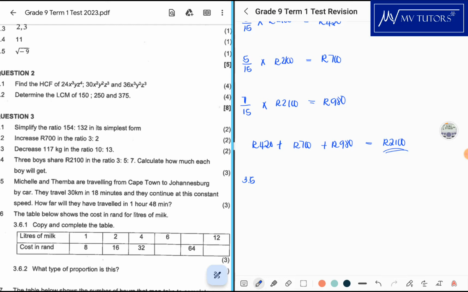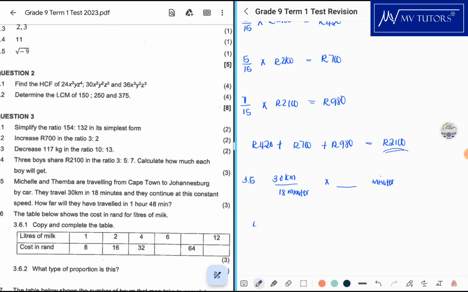Okay, so basically, they traveled 30 kilometers in 18 minutes. What we want to do here, we need to multiply by some minutes, okay? And before we do that, we need to convert this 1 hour 48 minutes into minutes.